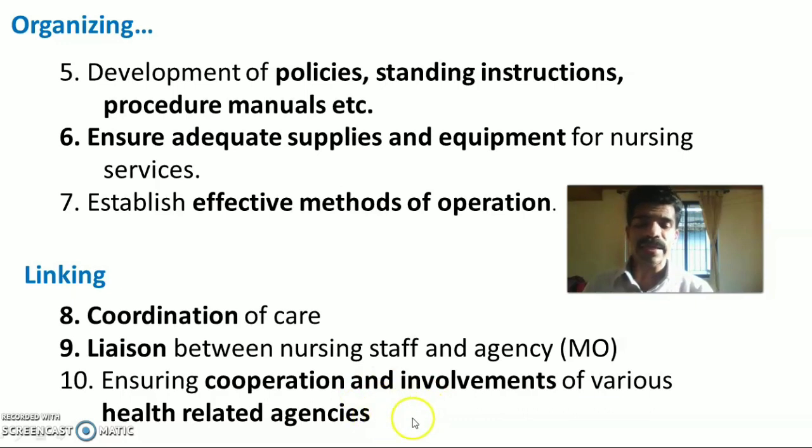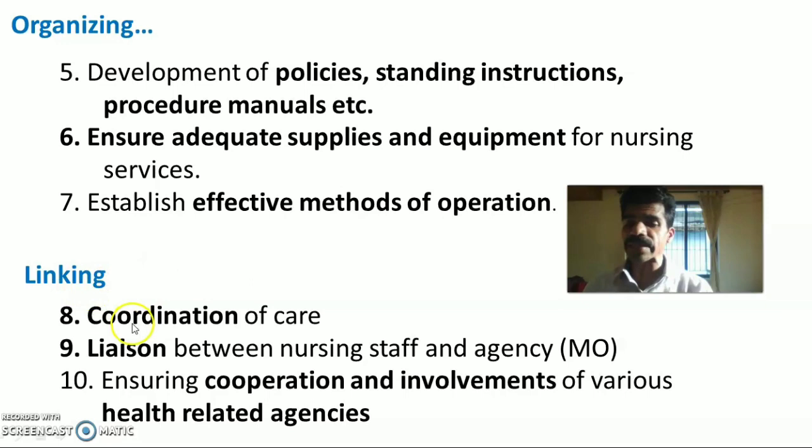Other health related agencies are such as Education Department, Water Authority Department, Food and Agriculture, Road and Transportation, Communication and Broadcasting, etc. These are the other health related agencies. So ensuring cooperation and involvement of various other health related agencies to render quality health nursing services.